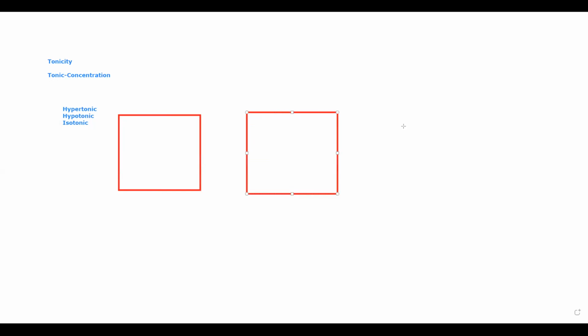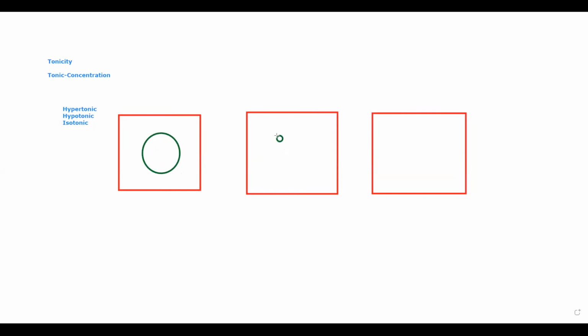So again, for that I have to take three different systems. Suppose this is slide A, this is slide B, and this is slide C. And in each slide, I have kept a living cell.